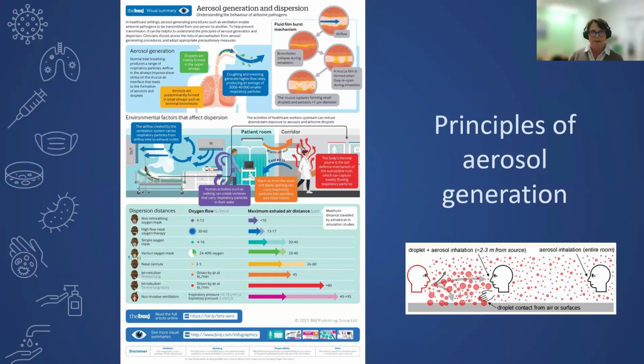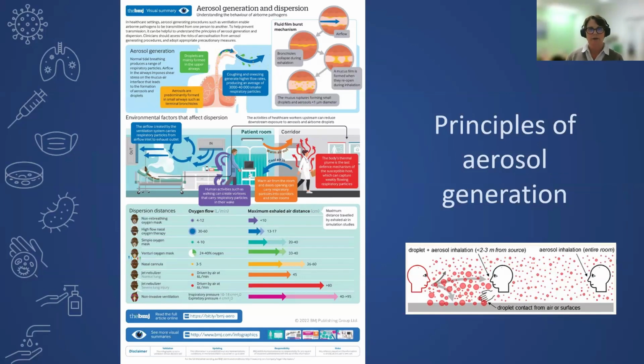And then when we look at what actually happens in the environment, hopefully if we've got a good ventilation system, we've got lots of good, clean, fresh air coming in, and then it's being removed out to outside of the building. But what can interfere there can be simply human activity.